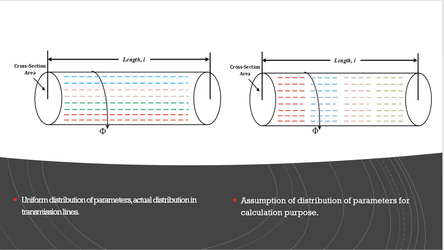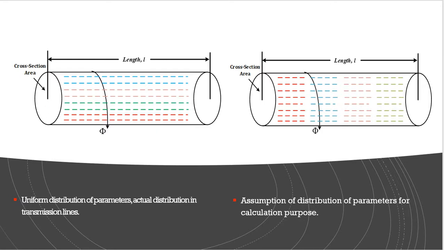If I assume that the two lines of each color represent one parameter, the two lines of brown color represent the resistance across a transmission line. Therefore we can see that all the parameters are uniform across the transmission line, meaning they are not lumped, they are not collected at a single place, right?